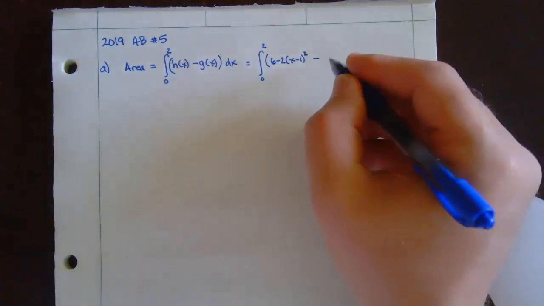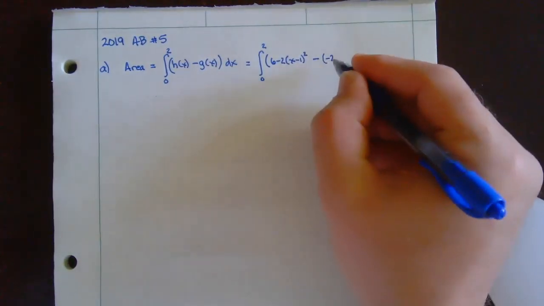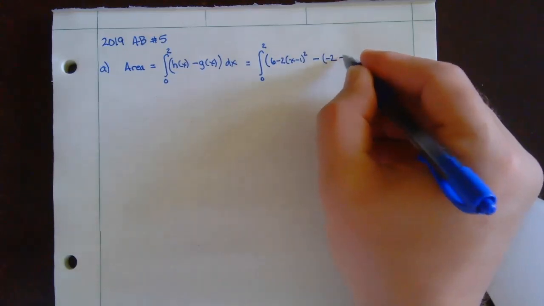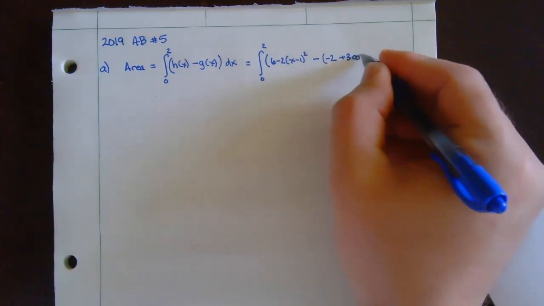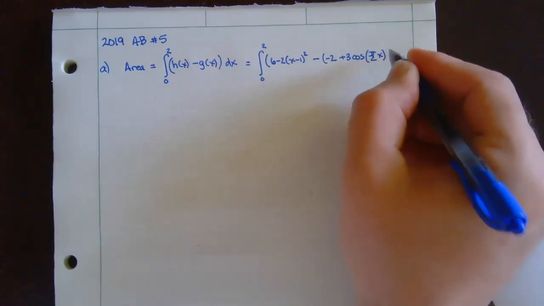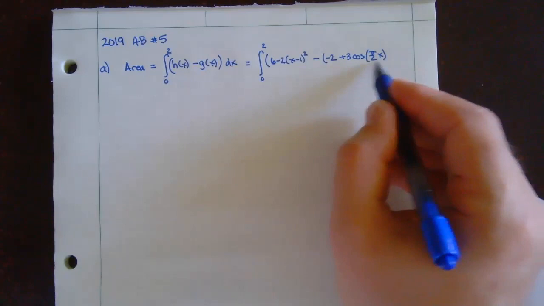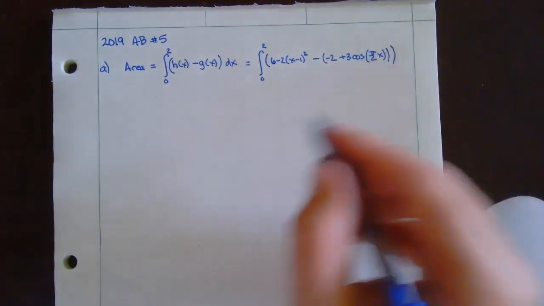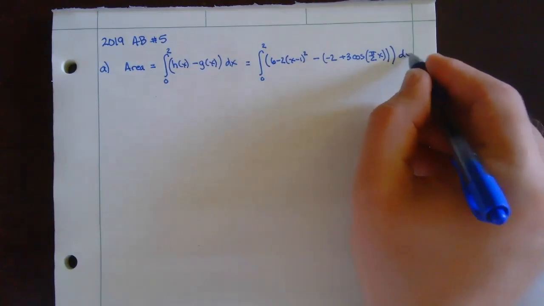And the g of x is -2 plus 3 cosine of pi over 2 x. Okay, so I'm going to close the parenthesis for the g of x, and I'm going to close the parenthesis for the subtraction of the two functions, and then dx.